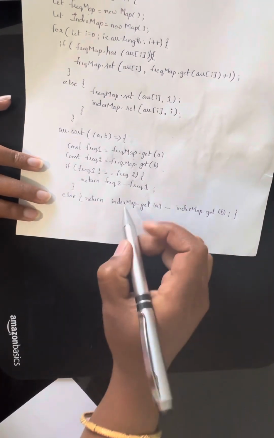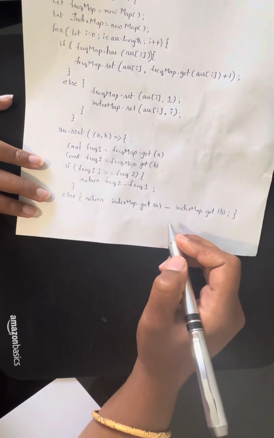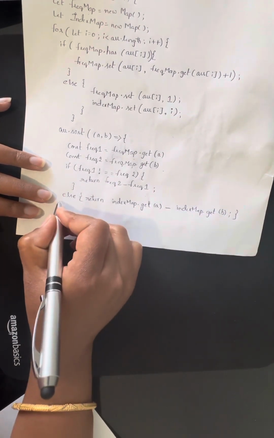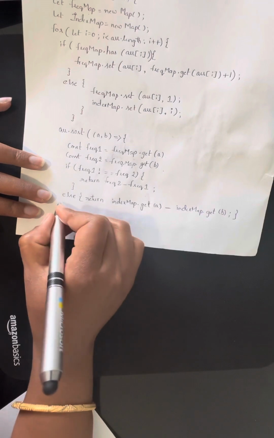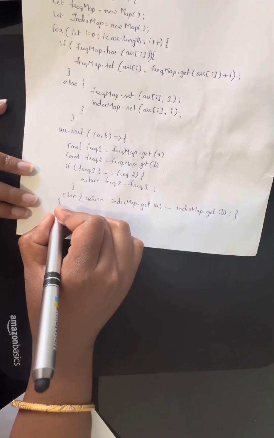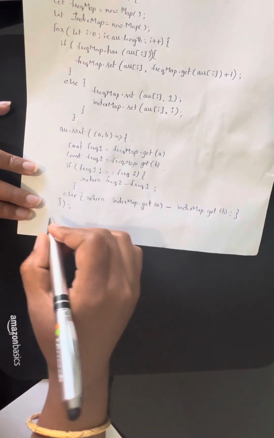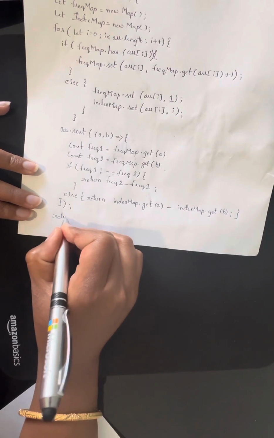So using the index map, we are getting whichever has the lower index. So here we just sorted the array. After finishing our sorting, we can just return the array.